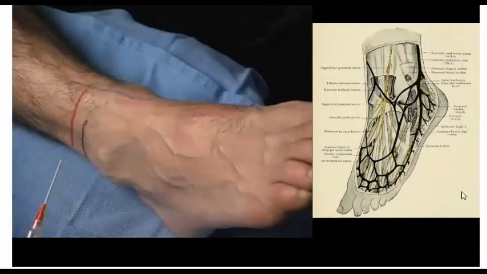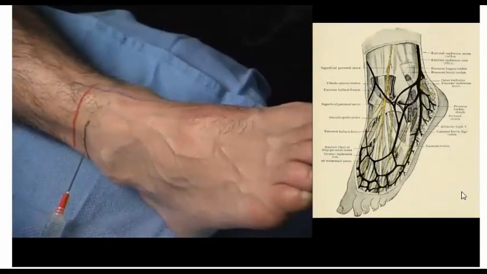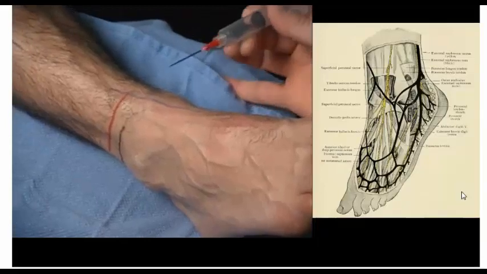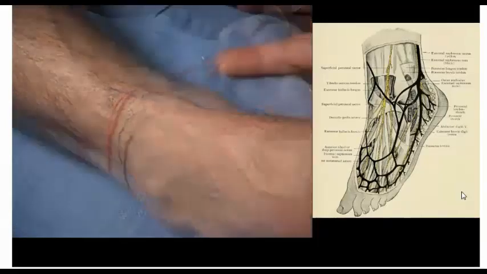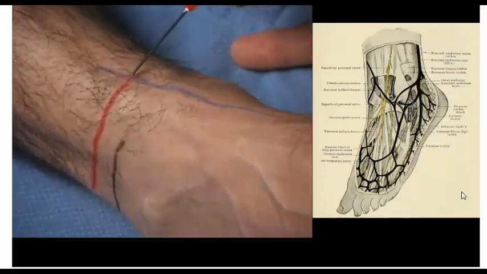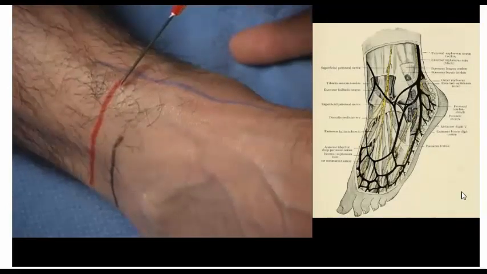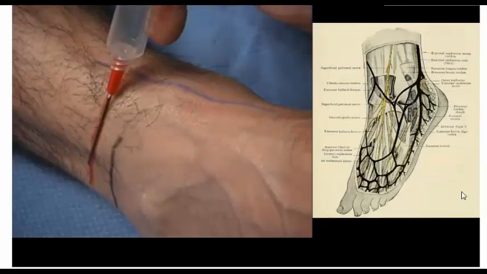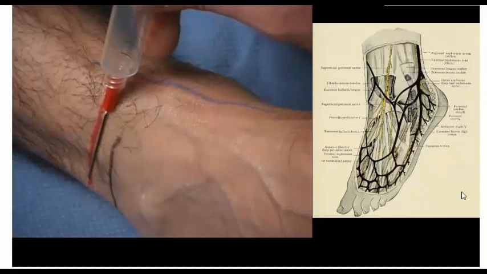Here, the superior portion of the lateral malleolus is outlined in black. The tibialis anterior tendon is outlined in blue. The approximate injection point to block the superficial peroneal nerve is outlined in red. Inject from the tibialis anterior tendon all the way across the superior portion of the lateral malleolus.